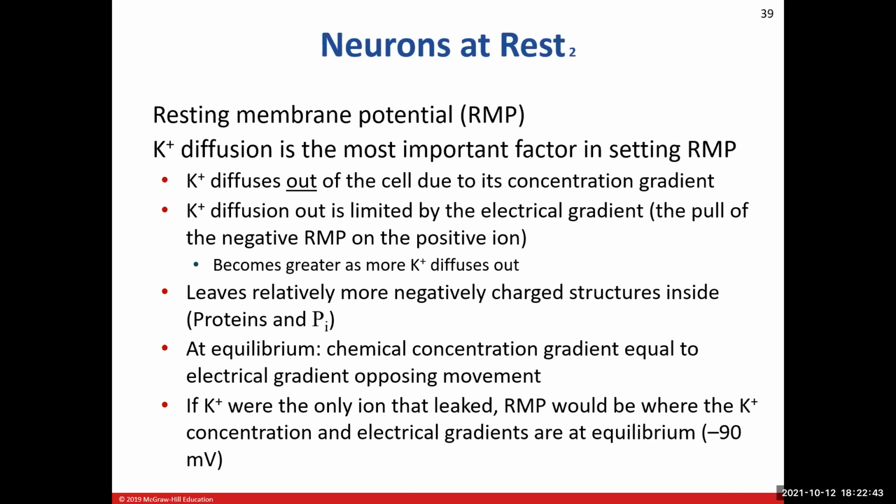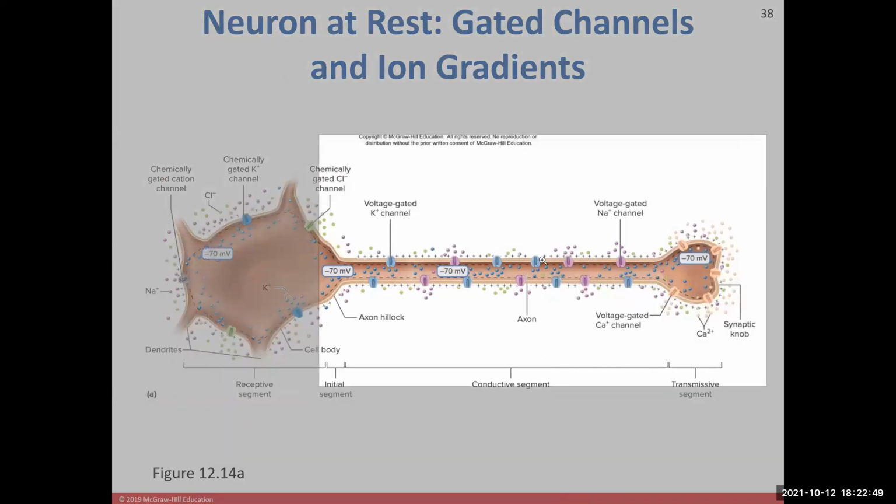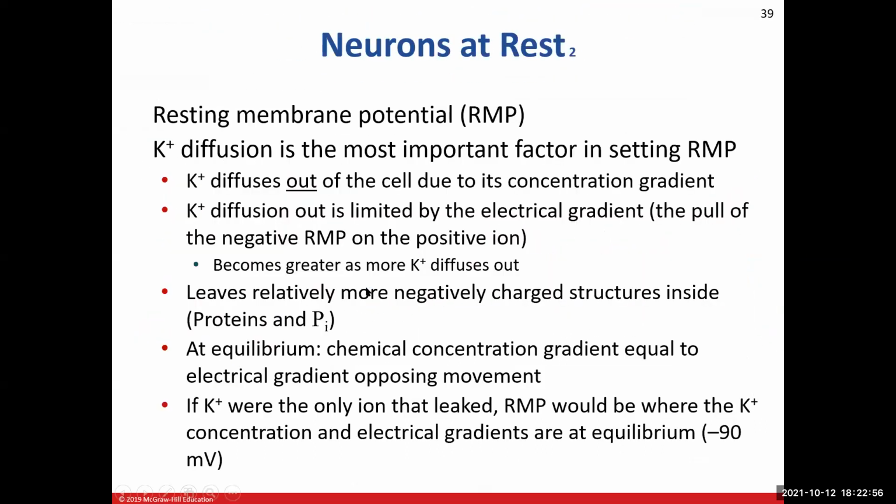And as it's diffusing out, what did we say the inside of the cell was, charge-wise? Look at our picture. Positive outside, negative inside. So that positive ion is diffusing down its concentration gradient, but that's not the only thing that influences how it diffuses.